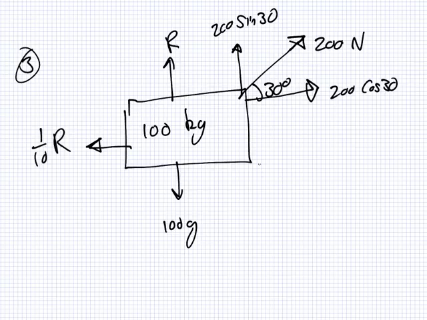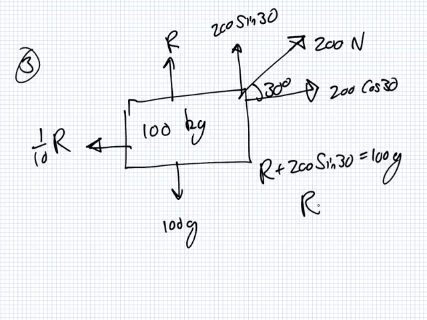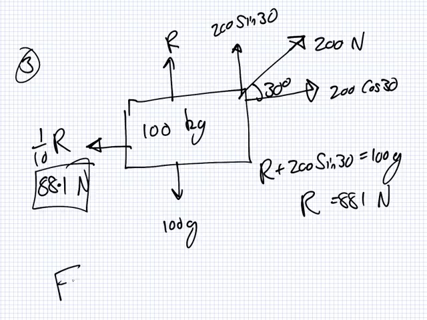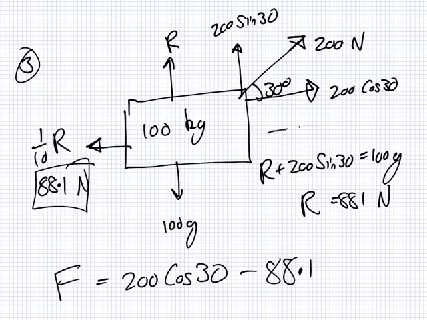So you know that OR plus 200 sine 30 equals 100g. So the OR is 100g minus 200 sine 30. 881? Yeah. So then what is the reaction? What's this force here? 88.1. So the total force is 200 cos 30 minus 88.1, because it's accelerating to the right.